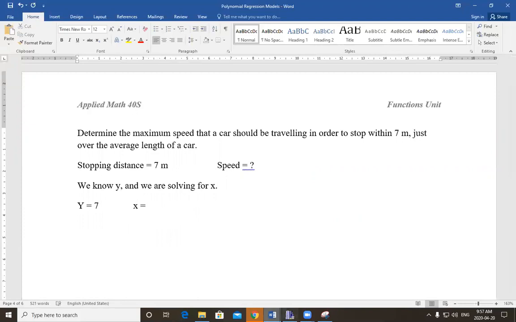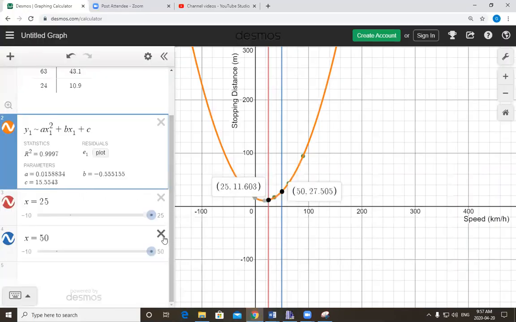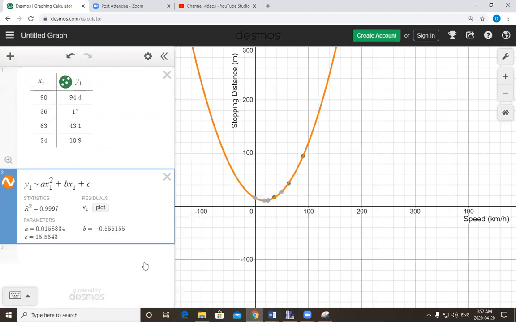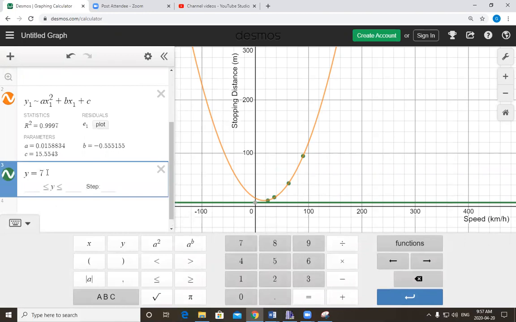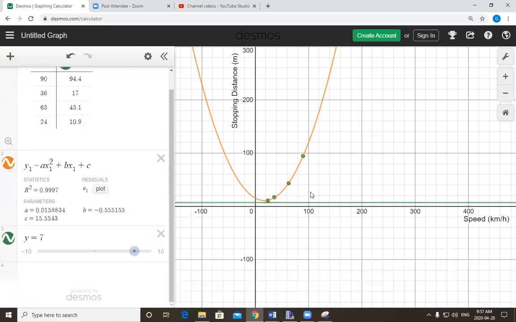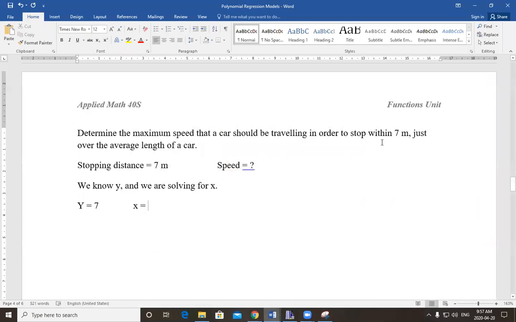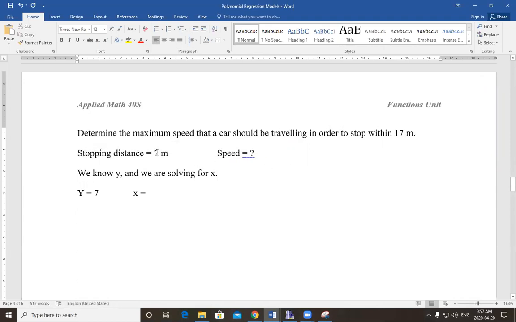So we'll go back to Desmos, we'll close those off, keep our graph, and now we are going to say y equals 7. And it doesn't touch. So I'm going to change this example to 17 meters. And I'll just delete that. So we'll say the stopping distance is 17.